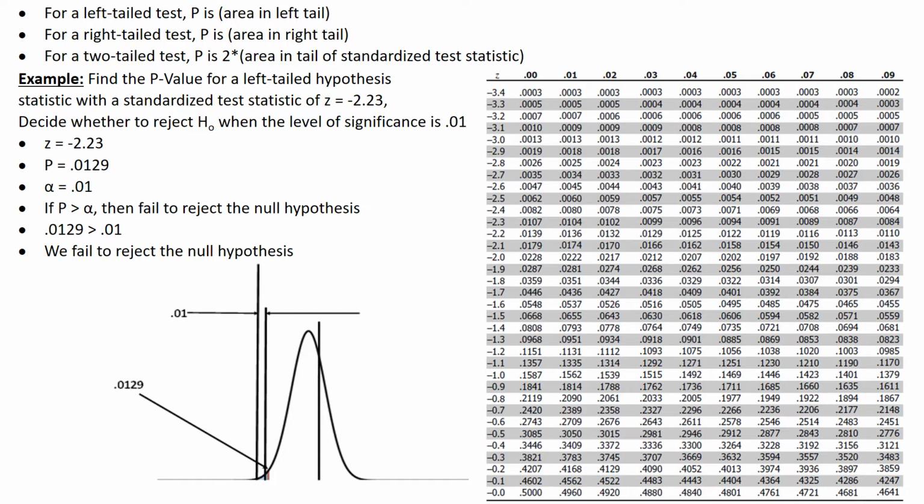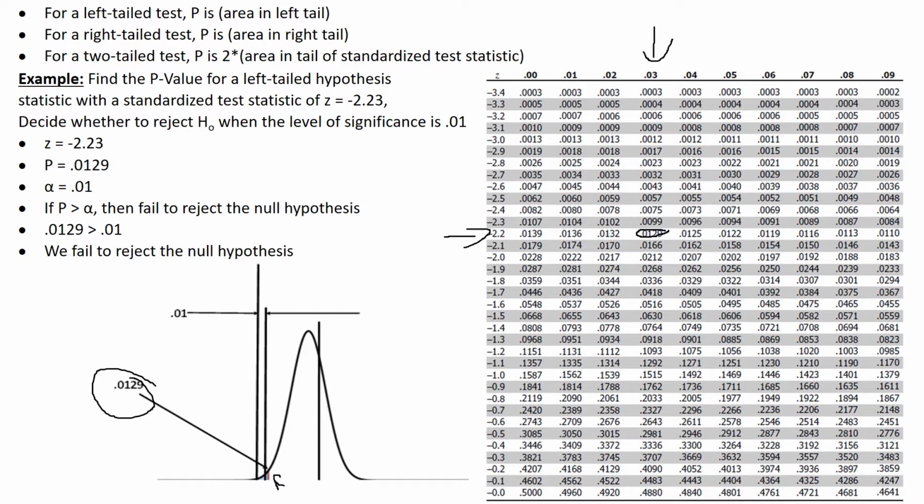All right, my z of negative 2.23. Let's look at what 2.23 is. Here's negative 2.2. Here is 0.03. And that is 0.0129, 1.29% of the curve. Now I've drawn this bell curve right here. It's right here, this little red line right there.